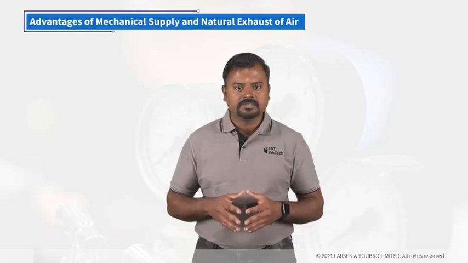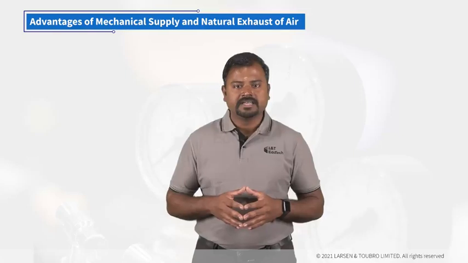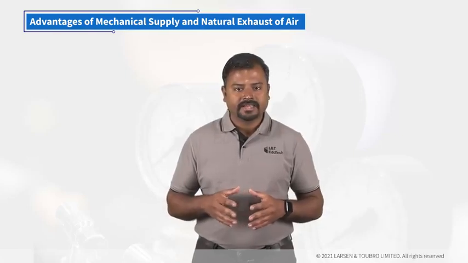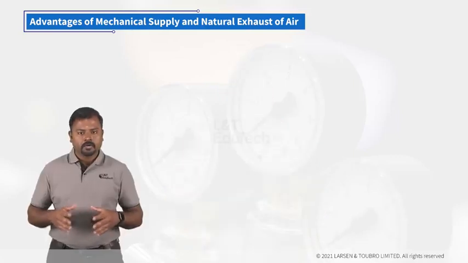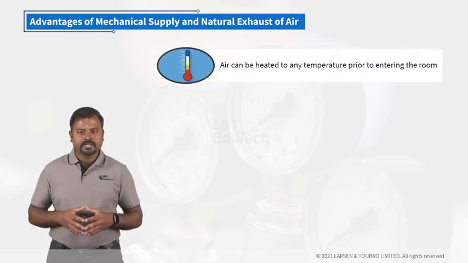As we discuss the basics of mechanical supply and natural exhaust system, we will discuss the merits and demerits of the system. The following are the benefits we can get by adopting this method of ventilation. As we can provide the heater in the supply air path, air can be heated to any desired temperature before it is supplied to the room.